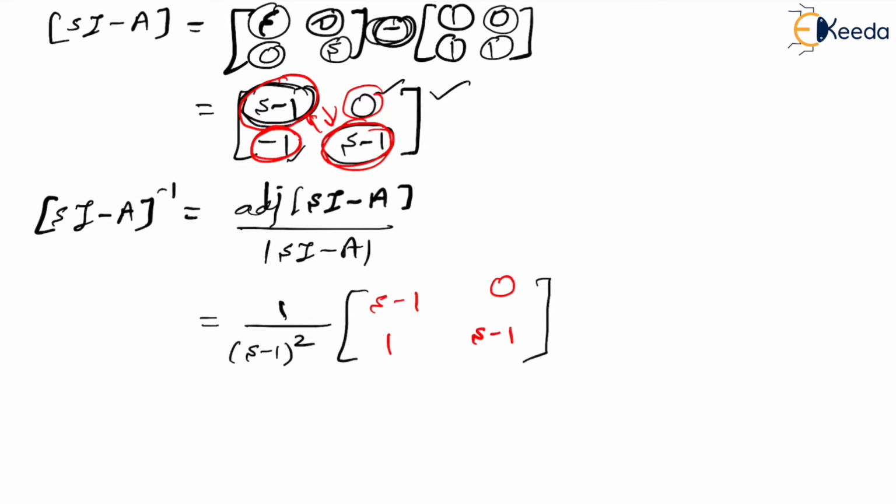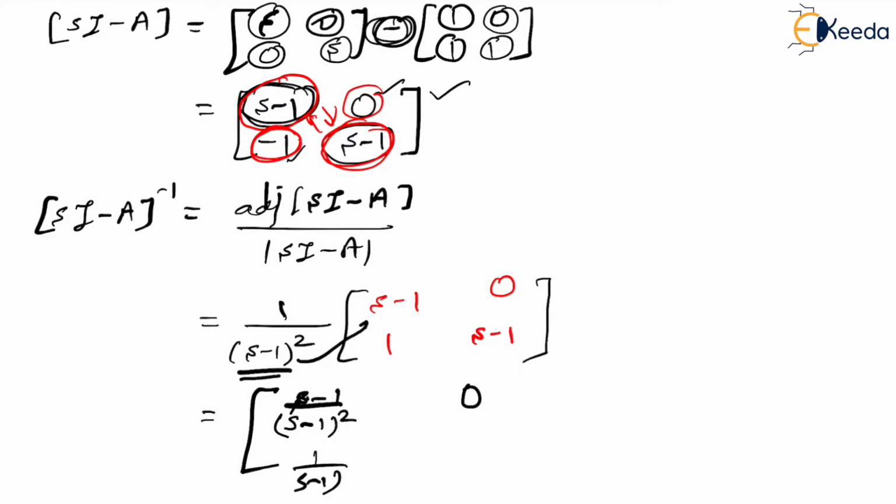If I put this 1 upon (S minus 1) squared inside, what do I get? Because (S minus 1) the whole square will get divided here. So what you get here is nothing but (S minus 1) upon (S minus 1) the whole square, right? Here you have 0, here you have 1 upon (S minus 1) the whole square, and here you have (S minus 1) upon (S minus 1) the whole square.